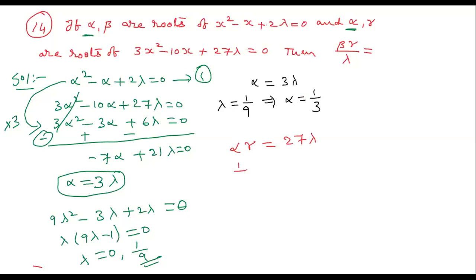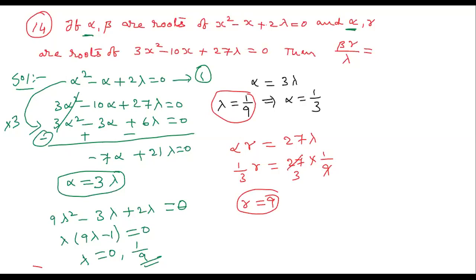So here alpha value is 1 by 3 and gamma is equal to 27 into, what is lambda? 1 by 9. 9 3s are 27. Finally, gamma value is 9. Lambda value is 1 by 9. Alpha value is 1 by 3.